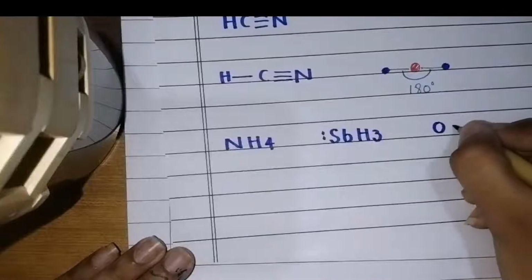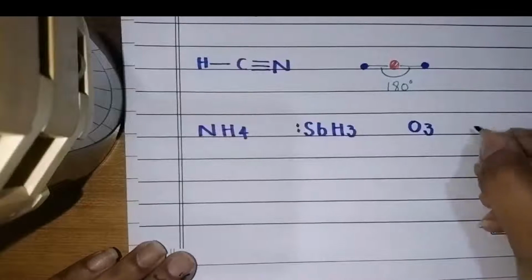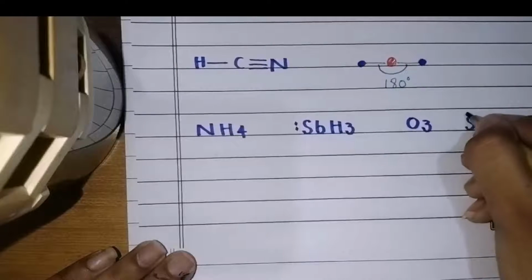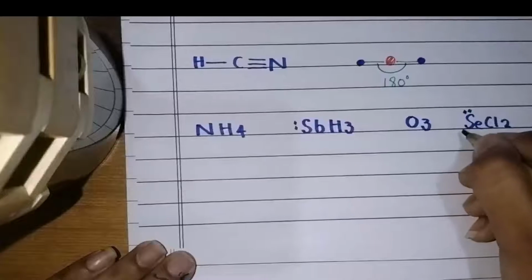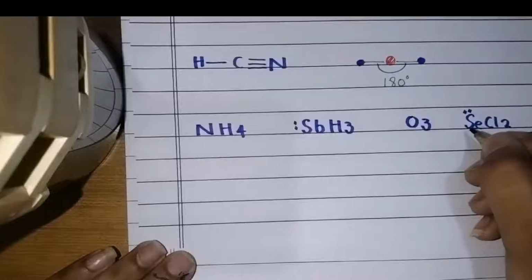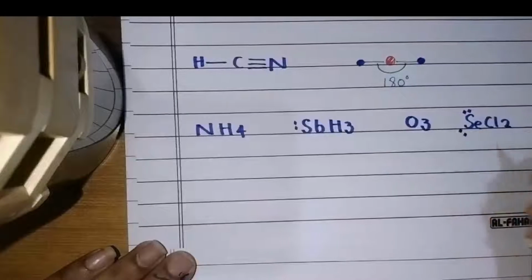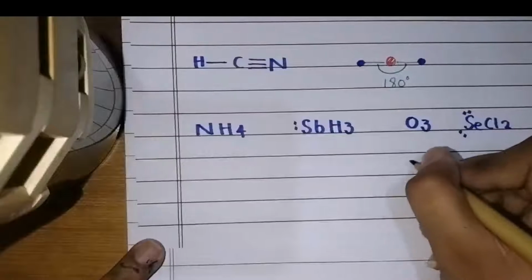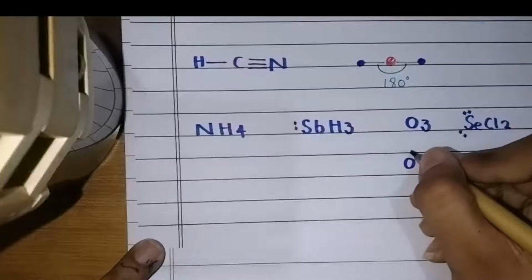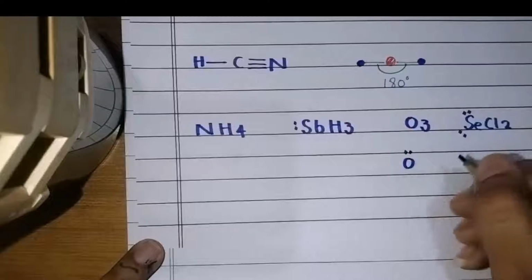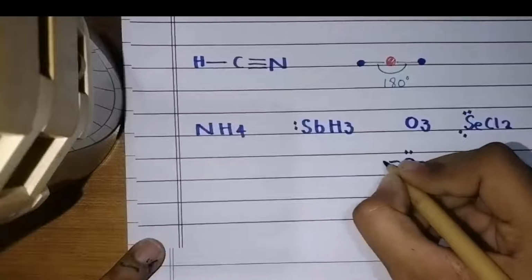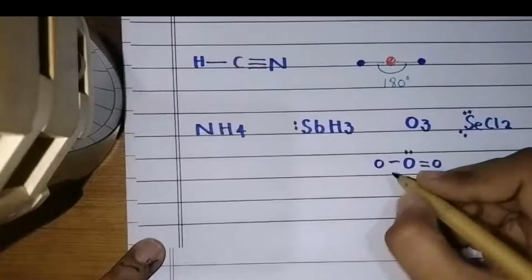So for your ease, I am going to draw these lone pairs of electrons so that you'll find it easier to make the structure. So I am doing this for you.